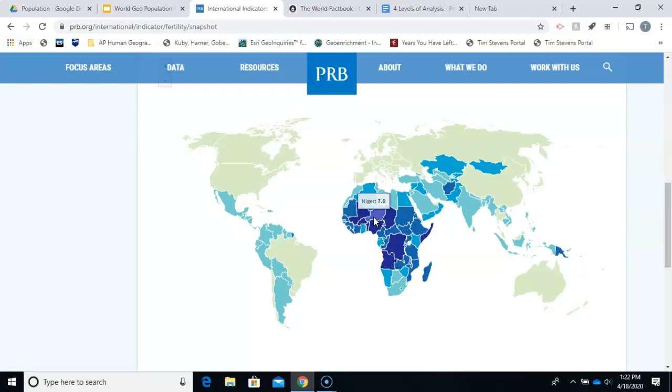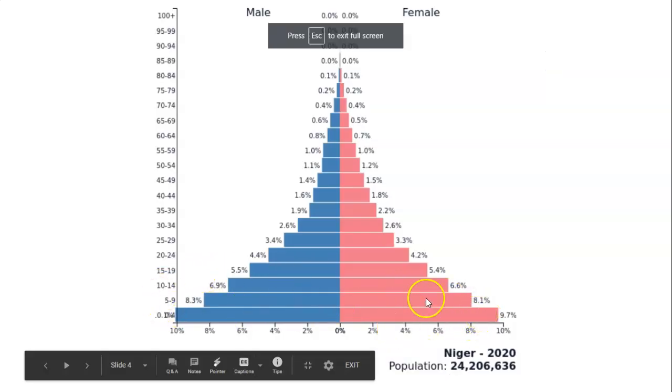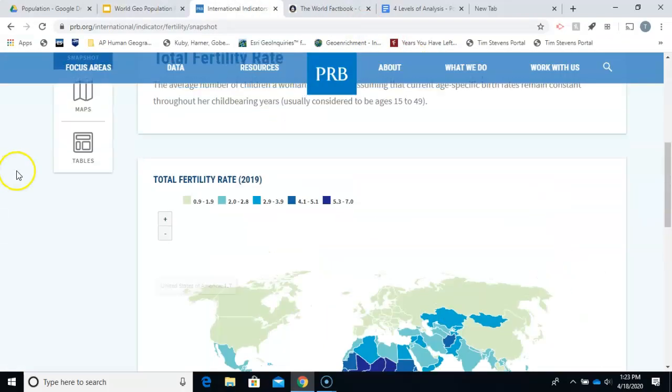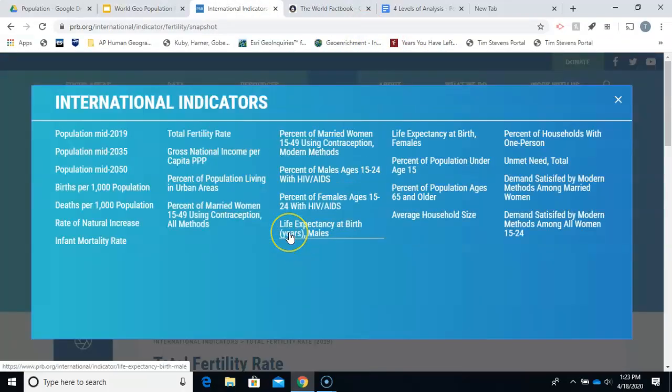So that helps me understand why in this population pyramid we have so many young people, right? A lot of babies are being born. But why so many babies being born? That's an interesting question. What's going on there? That's going to help us understand something else. And I'm going to look at infant mortality.